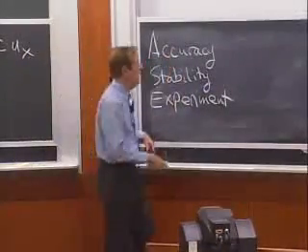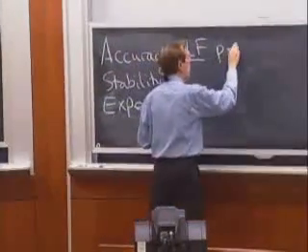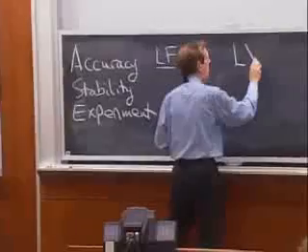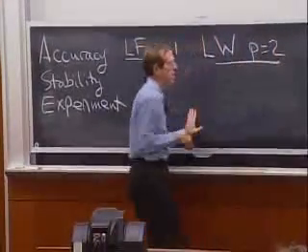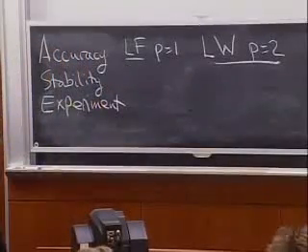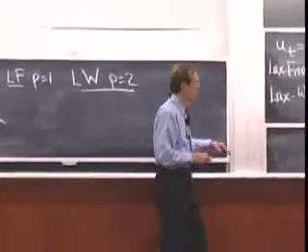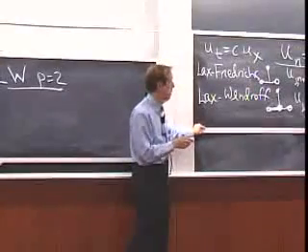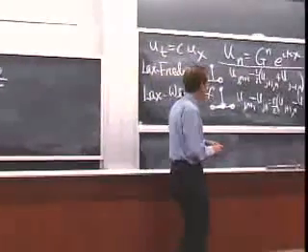Okay, the accuracy: Lax-Friedrichs will be only first order, whereas Lax-Wendroff will be second order. So with respect to accuracy, that's certainly better. Okay, can we see that maybe without too much calculation? The notes would have more details.